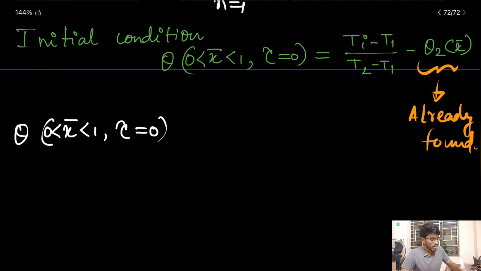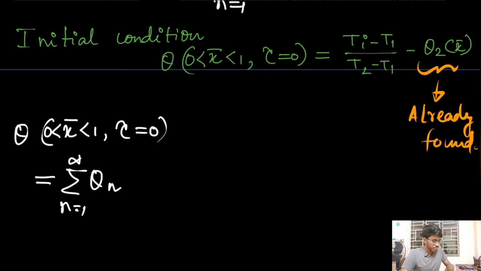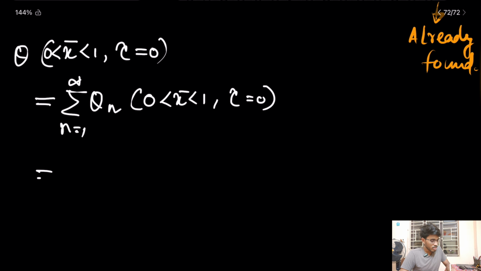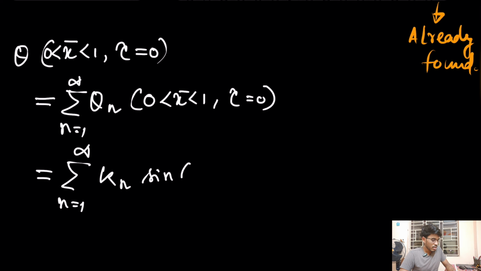I will try not to jump any step. So tau equal to 0, and now I know that my theta n is equal to some Kn into sine n pi x bar, n pi was the lambda n, into e to the power 0, because I was having e to the power minus lambda n square into tau.